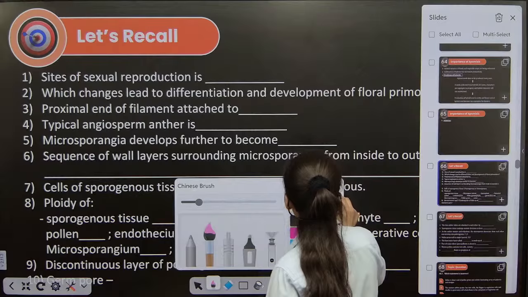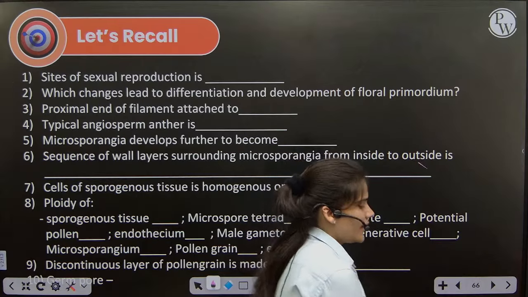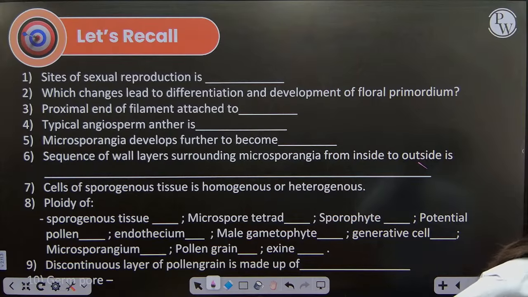Okay, these are NCERT lines. Let's recall these lines.